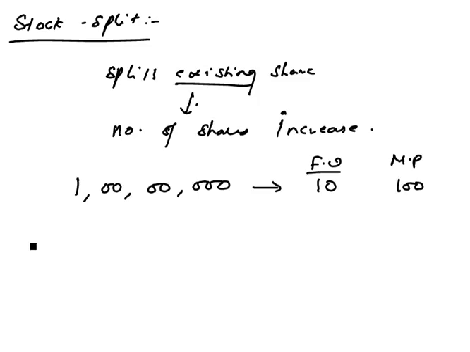If there is a 2-for-1 stock split, the face value of the stock will get reduced to 5, because every 10 rupee face value share will become two shares each of 5 rupees value.